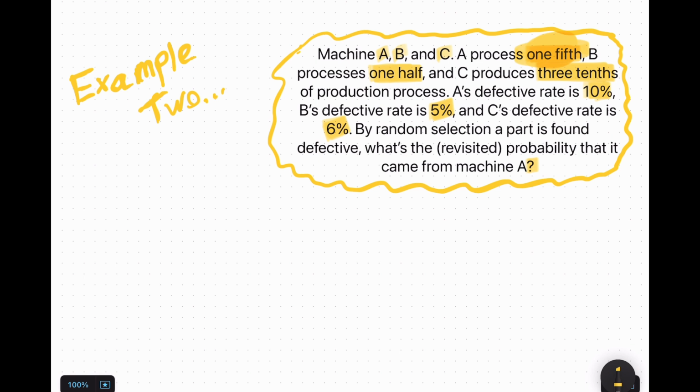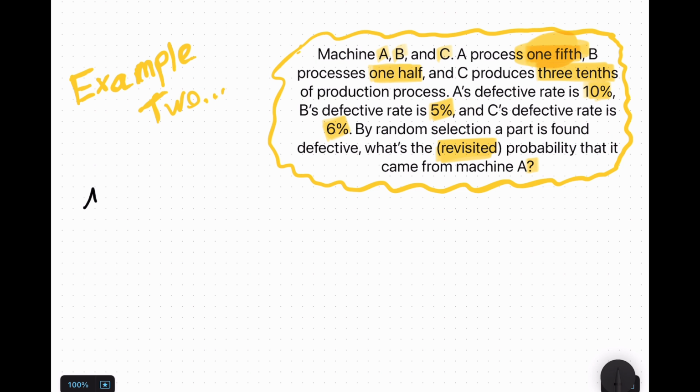A key aspect of Bayesian probabilities is how the probability of some event changes based on this newly obtained, revised information. Okay.